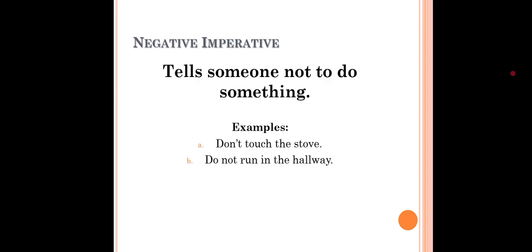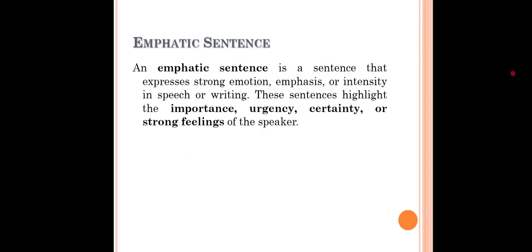See the next. Now comes emphatic sentences. So what is emphatic sentence? An emphatic sentence is a sentence that expresses strong emotion, emphasis, or intensity in speech or writing. Again, pay attention to these words.